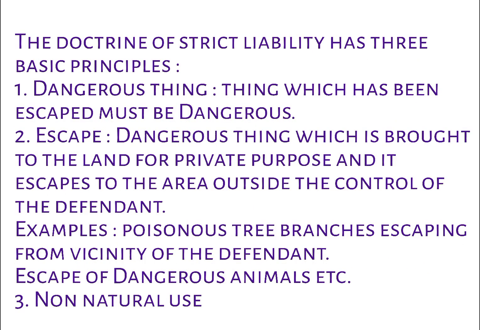The rule of strict liability, or you could say the doctrine of strict liability, has three basic principles. 1. Dangerous thing. The thing which has escaped must be dangerous in nature. Second, escape. A dangerous thing which is brought to the land for a private purpose, and if it escapes to the area outside the control of the defendant.